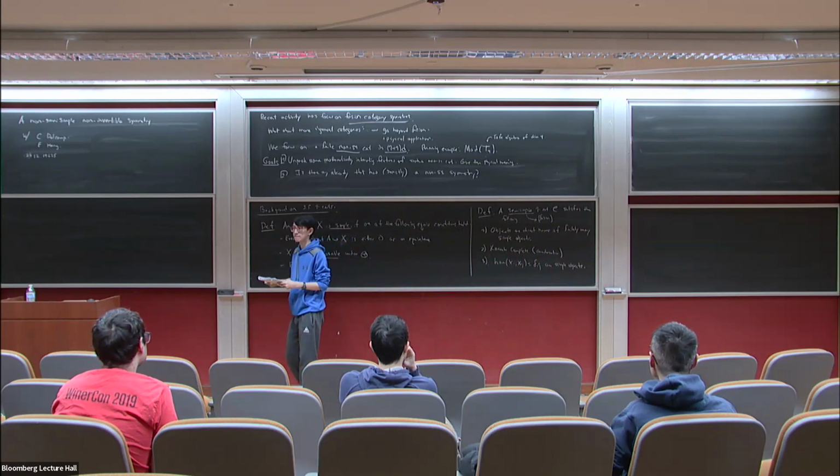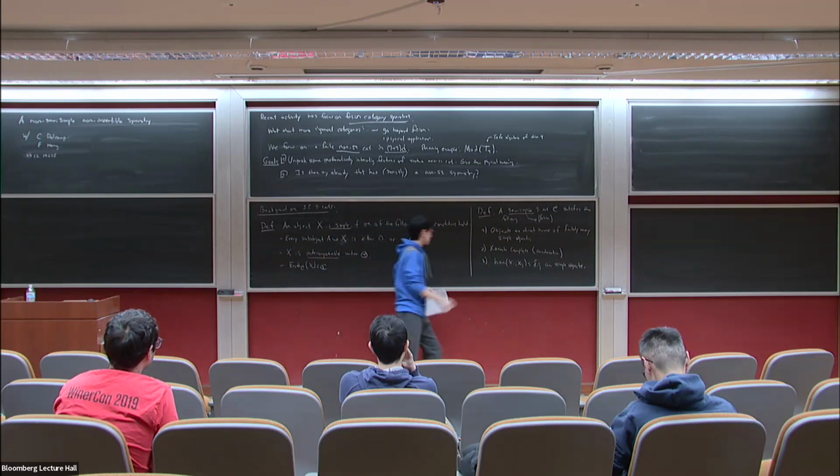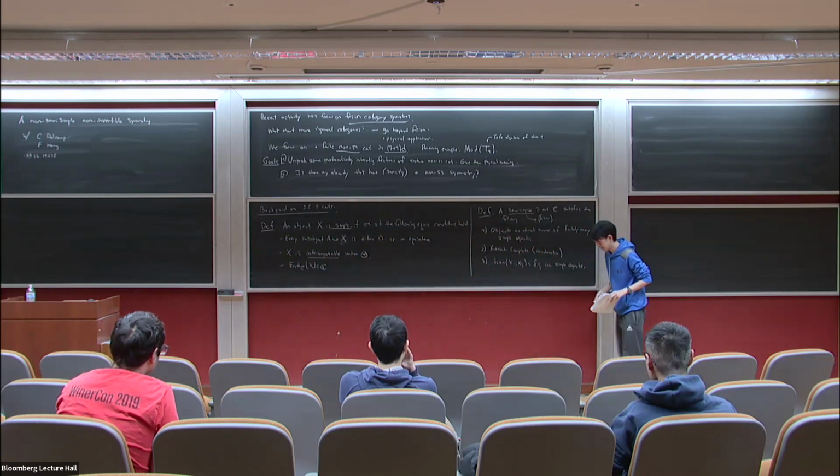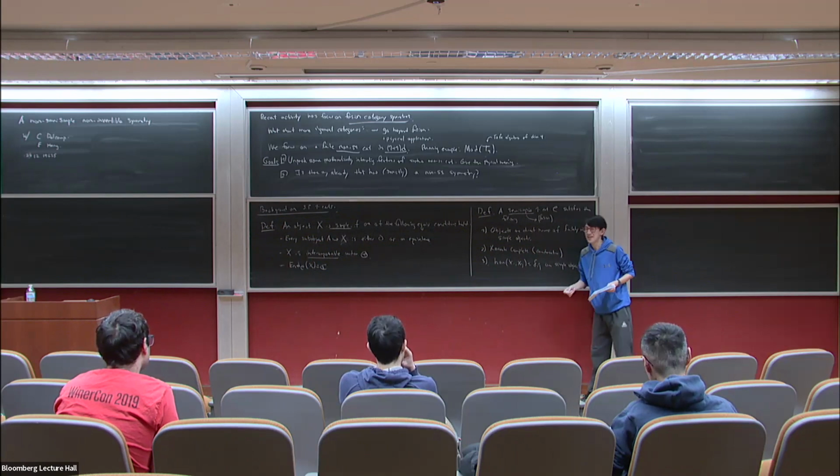Okay, then could you say what Karoubi completeness means? So there are many ways for me to say this, but maybe the more intuitive way of saying such a thing. Don't use the C word. Right.